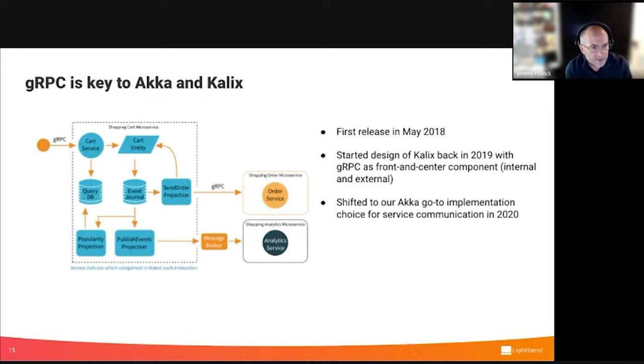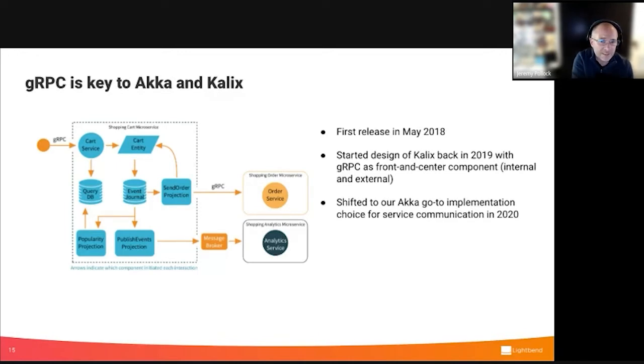We released one of the key libraries in the Akka family, if you will, in the Akka open source project, which is Akka gRPC. That was released in May of 2018. If you go to the GitHub repo and look at the project and the history, I think the Hello World was written by one of our engineers back in May of 2018.